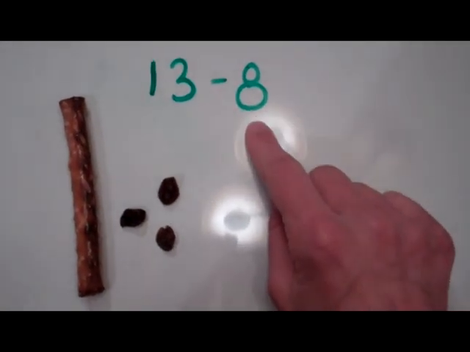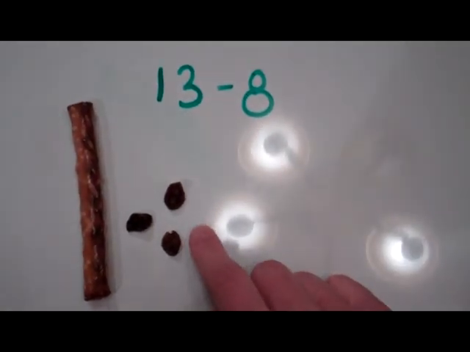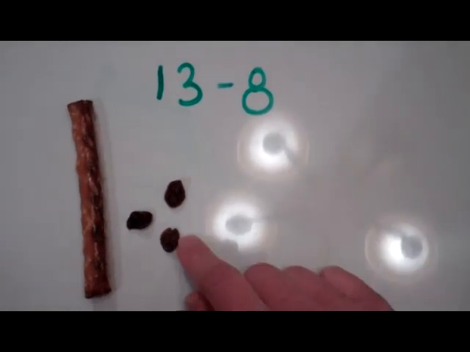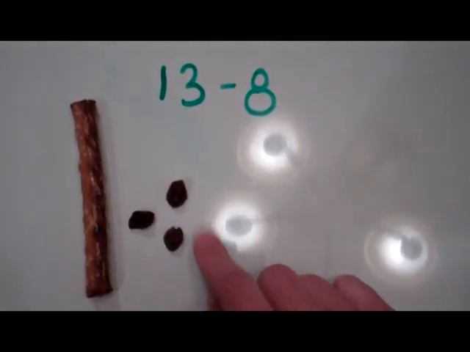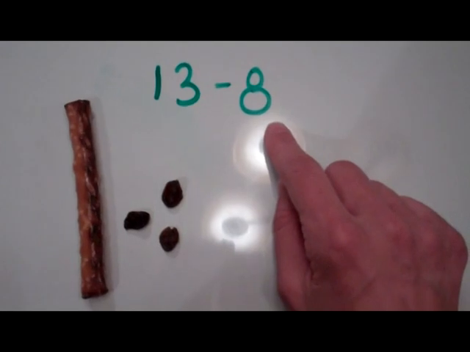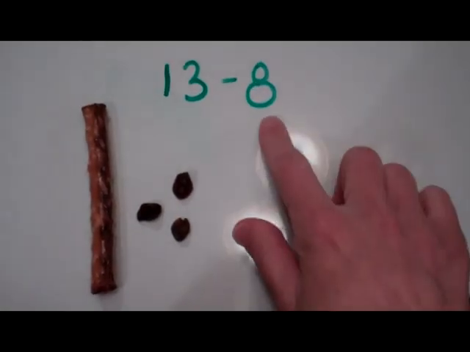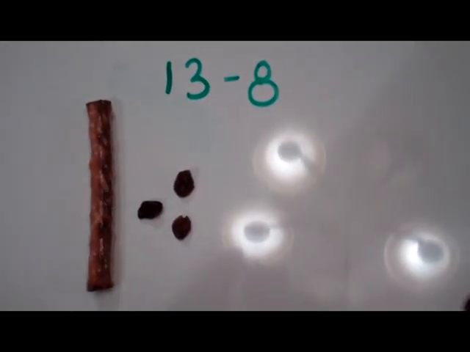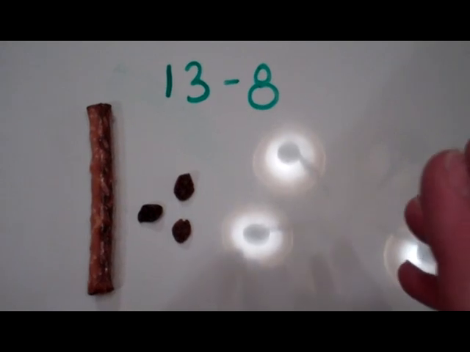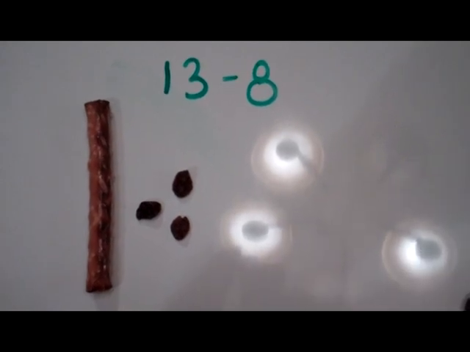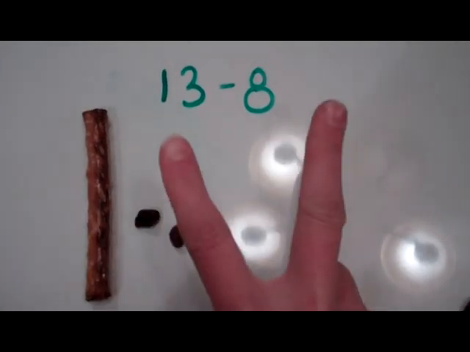Now can you take 8 away from the 1s? No, there's not enough 1s, so we can't take 8 away from the 1s. But we can take 8 away from this 10. Okay, in order to take 8 away from this 10, what is 10 minus 8? 10 minus 8 is 2.